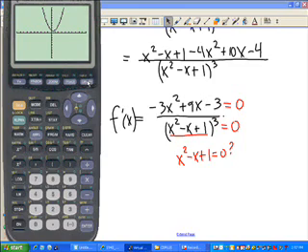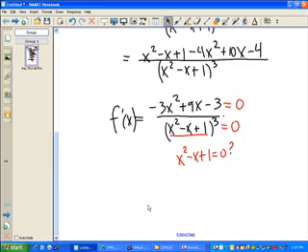This is a positive parabola. It has no negative values, so it can't be 0. So we are lucky in this problem. All we really have to do is just worry about the top of the equation. When is the top of the equation equal to 0? We don't have to worry about the bottom on this one.